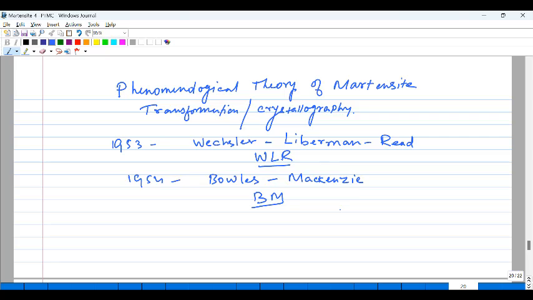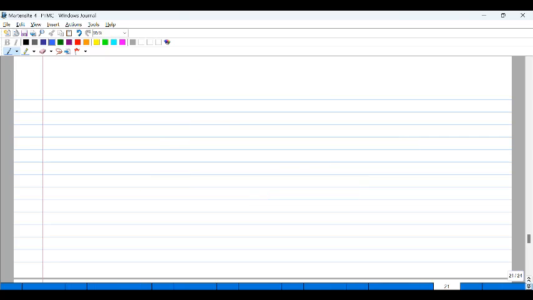Now we can actually answer why that is so, and how you find an invariant plane strain when you actually observe martensite. So what we are saying is, if you have an austenite crystal like this, let's say, it transforms to martensite with a shape change.